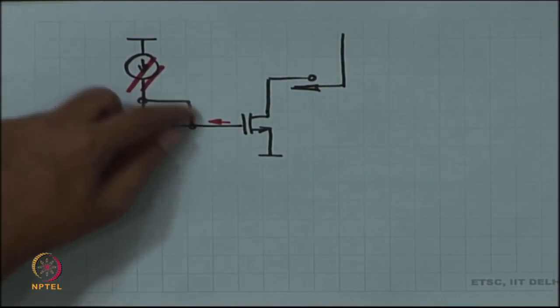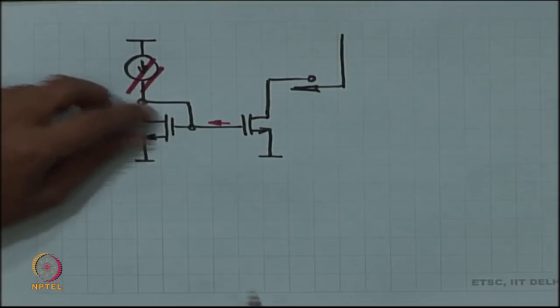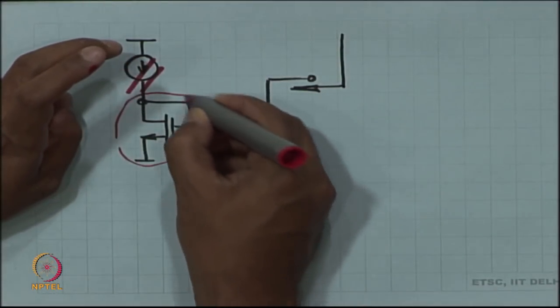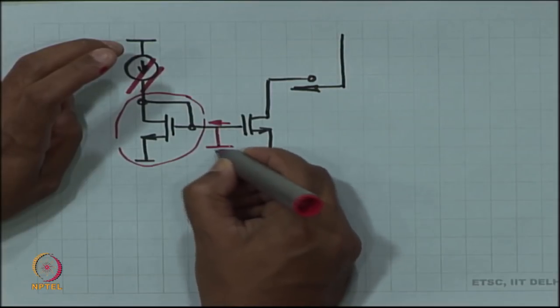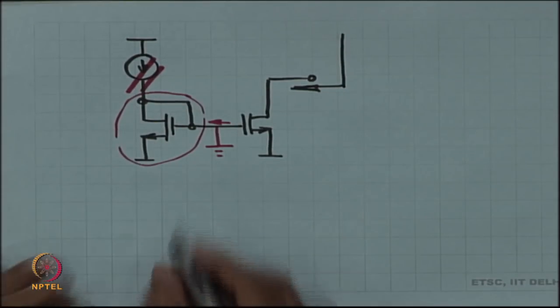All of this is 0. Okay. So, effectively this entire node is like a ground, 0 volts. You do not understand. Okay. Think of the small signal model of this.